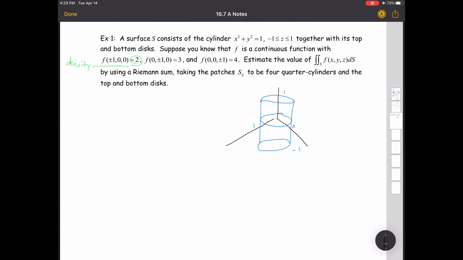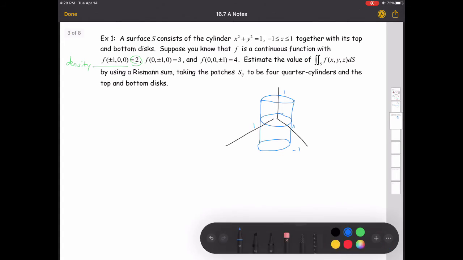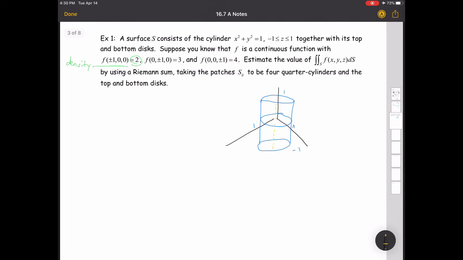So the idea is they want us to take this thing and split it into 4 quarter cylinders. So a quarter of a cylinder obviously is 1/4 of the cylinder. Who knows exactly how they want us to split this thing, but we're going to do it the easiest way that we can. Maybe we'll go 0 to pi halves, then pi halves to pi, and then pi to 3 pi halves, and so on.